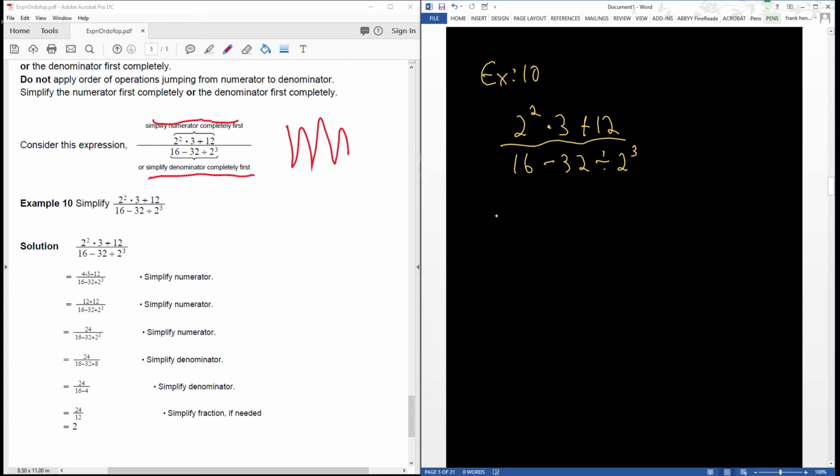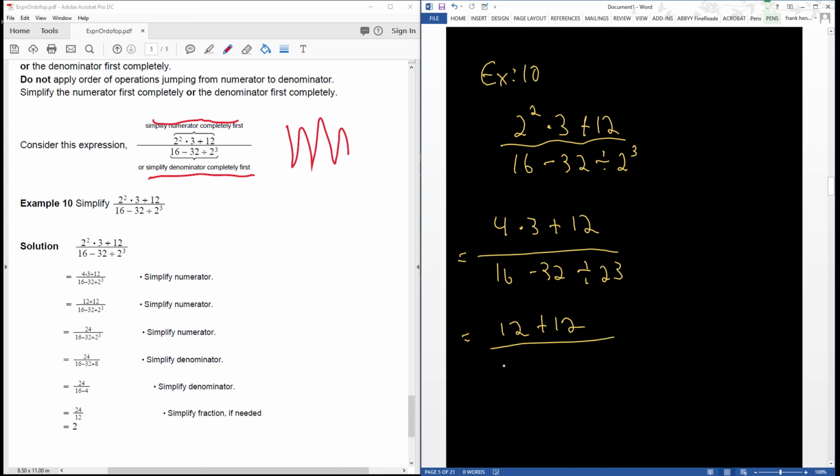So I have here 4 times 3, taking care of my exponent, plus 12, over 16 minus 32 divided by 2 to the third. Then I simplify my numerator even more. 4 times 3 is 12, plus 12, over 16 minus 32 divided by 2 to the third power.